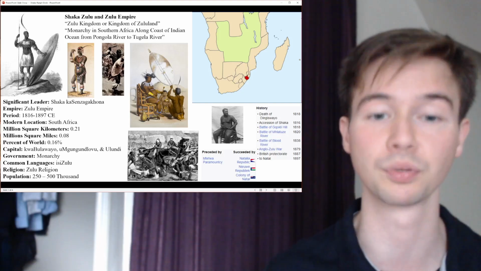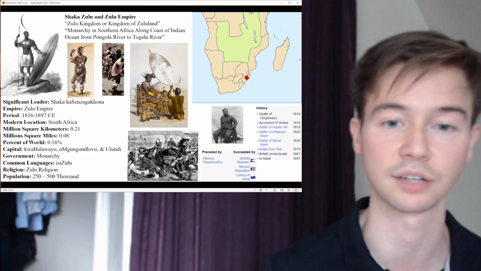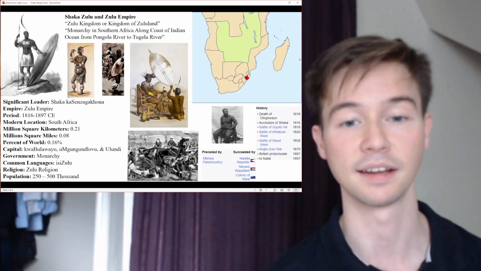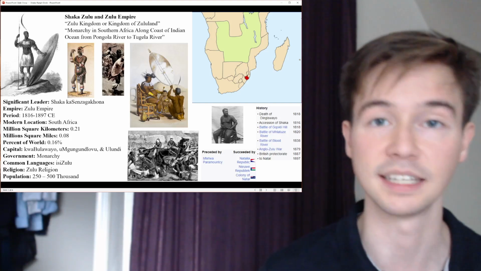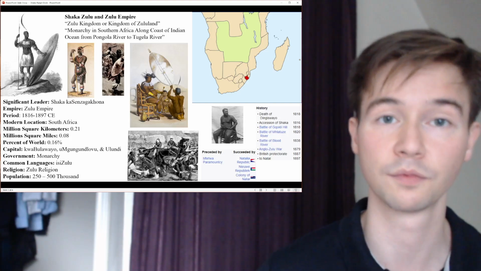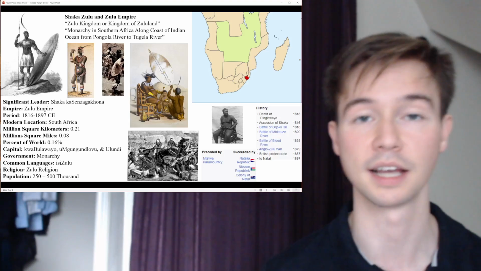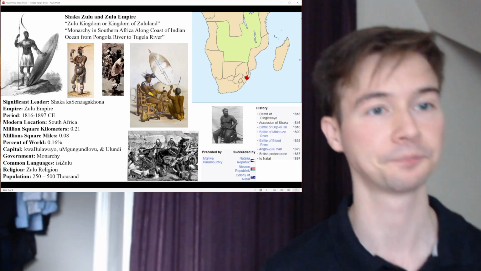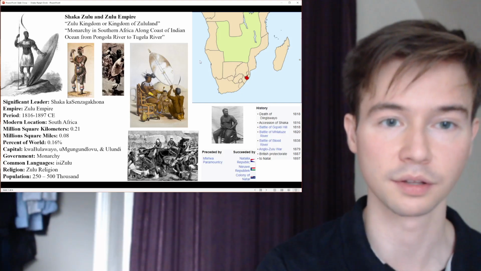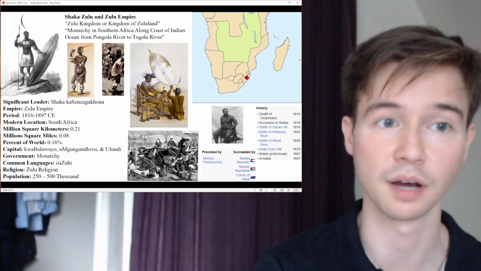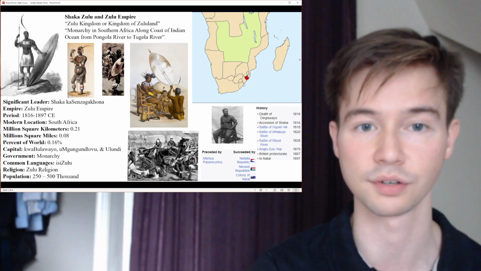It became a British Protectorate in 1887, part of Natal, and officially ended in 1897, becoming officially subsumed as a province of the British Empire, which we will cover soon. And in the top right, we have a map showing where the Zulu Empire, or the Kingdom of Zululand, would be in modern South Africa.